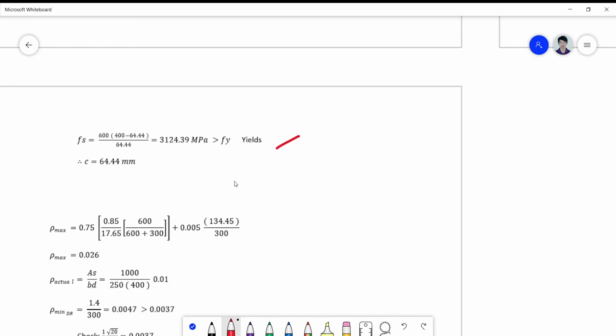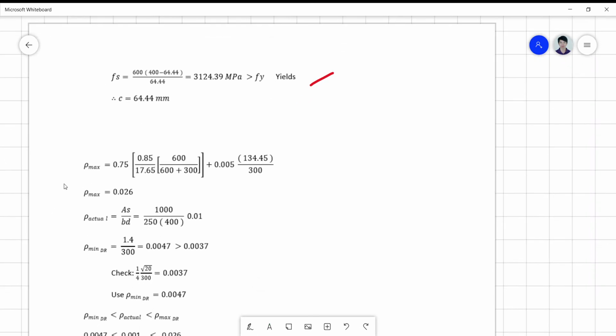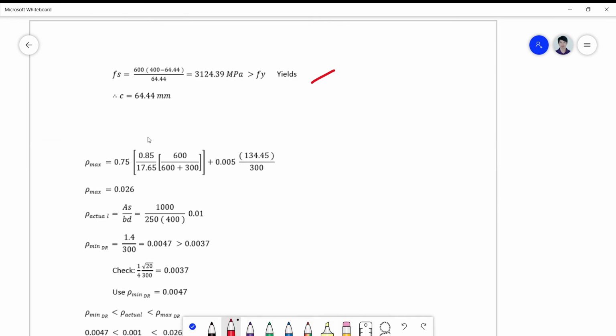When all the assumptions are correct, you can proceed with the determination of your rho max by using the formula 0.75 of rho balance. So remember the formula for rho balance: 0.85 f'c over fy, beta 1, times 600 over 600 plus fy.